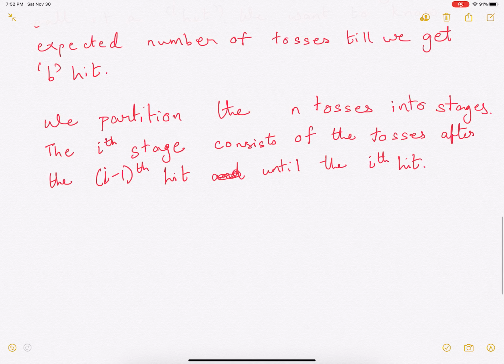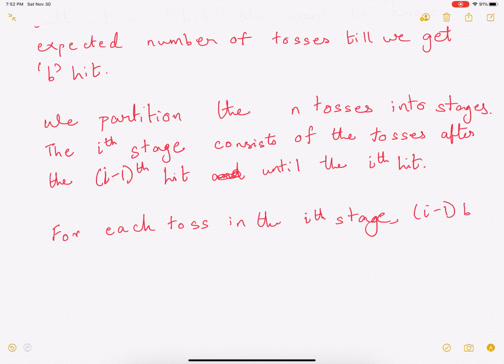So for each toss in the ith stage, what do we have? We have i minus 1 bins that are not empty, and the ith stage would end if you get a hit.